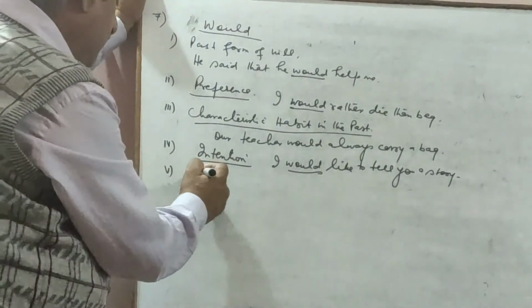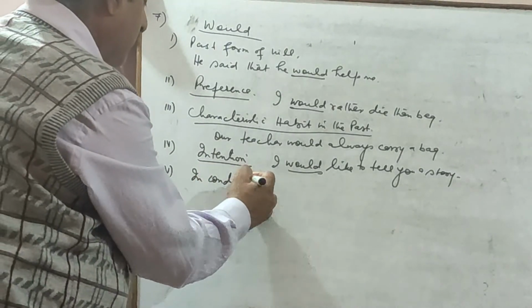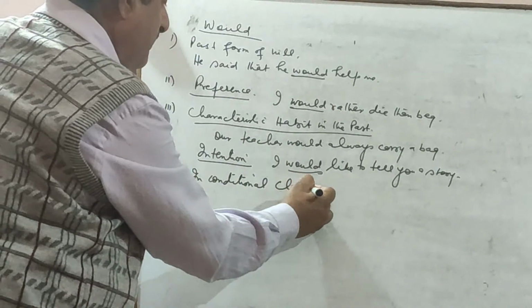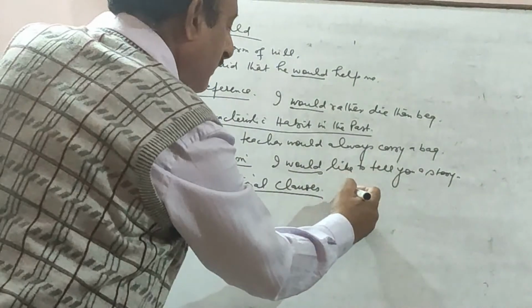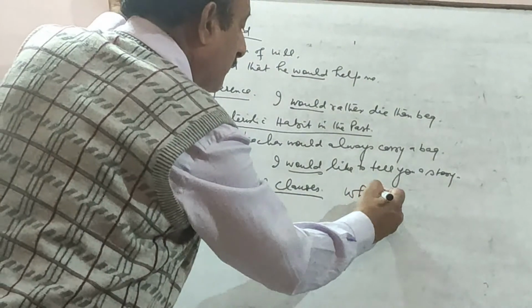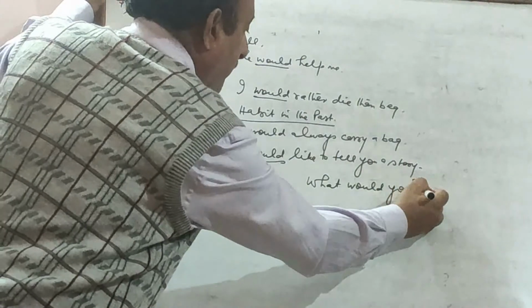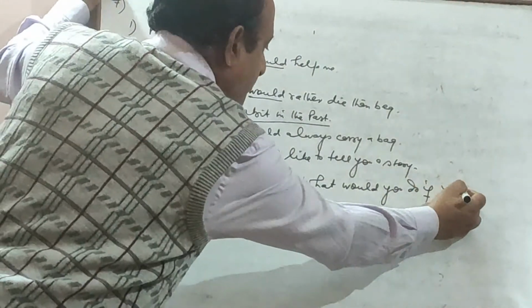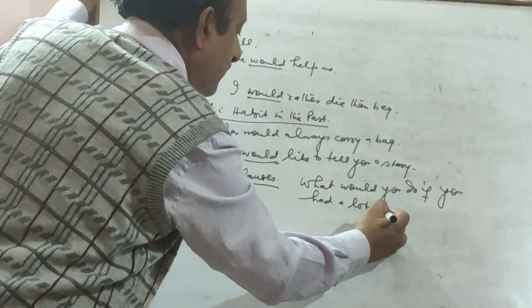The next use of would is in conditional clauses. In the second and third conditional clauses. For example, what would you do if you had a lot of money?